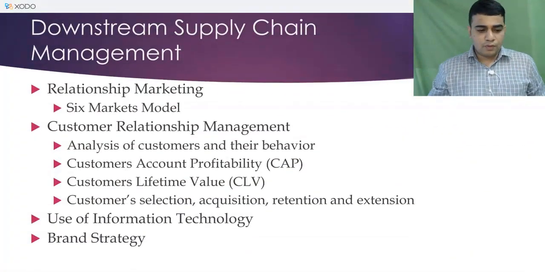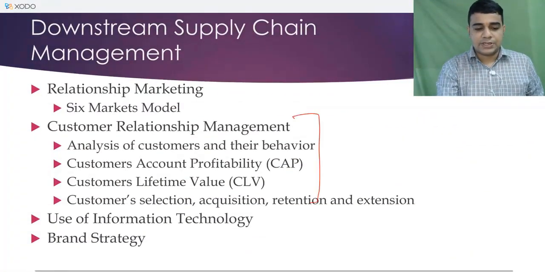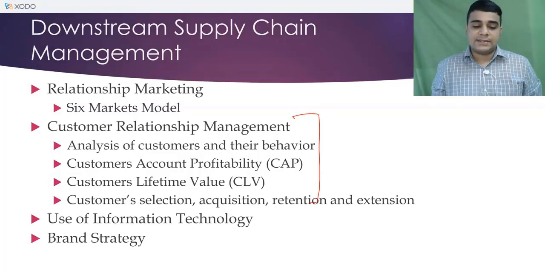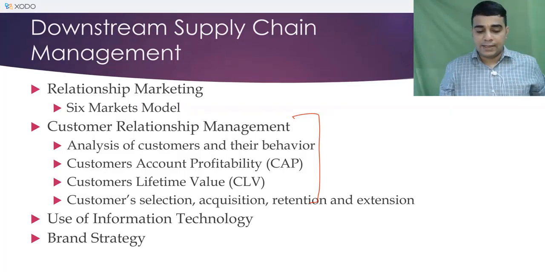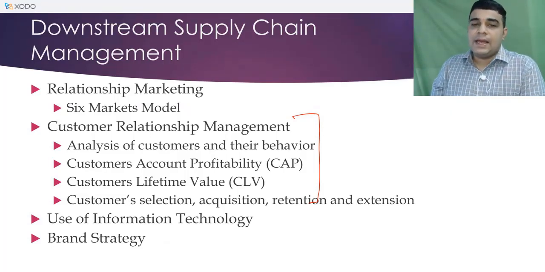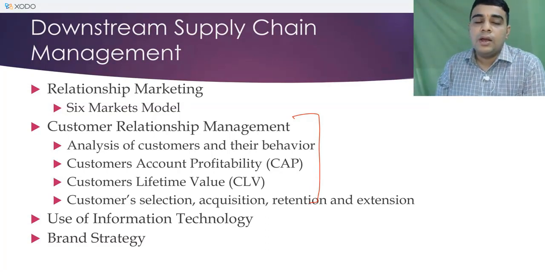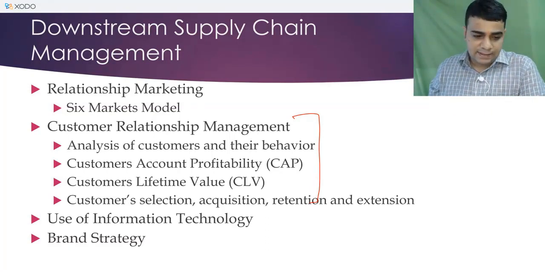So one is this part, which is your customer relationship management: analysis of customer and their behavior, customer account profitability, customer lifetime value analysis, customer selection, acquisition, retention, extension. Sometimes you may even do it in your selection and acquisition strategy or in your retention strategy. The retention may also include an item called moving out of the customer, saying no to a non-profitable customer.